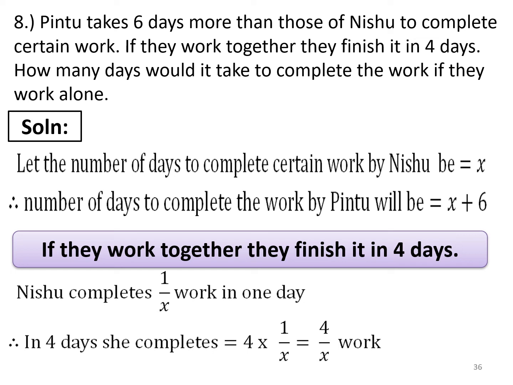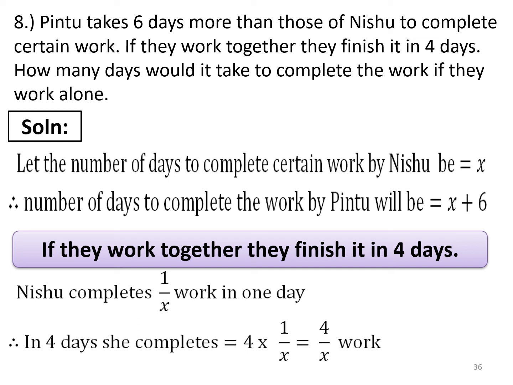They are saying that if they work together, they will finish it in 4 days. So we will first find out how much work Nishu and Pintu complete in 1 day. Then we will multiply it by 4 days. So Nishu completes 1 upon x work in 1 day, and in 4 days we multiply by 4, so we get 4 upon x work.